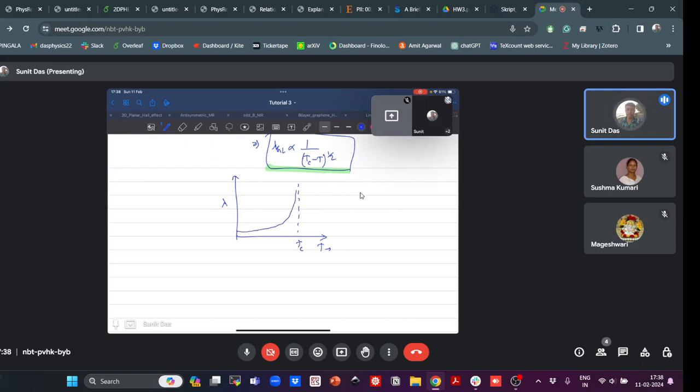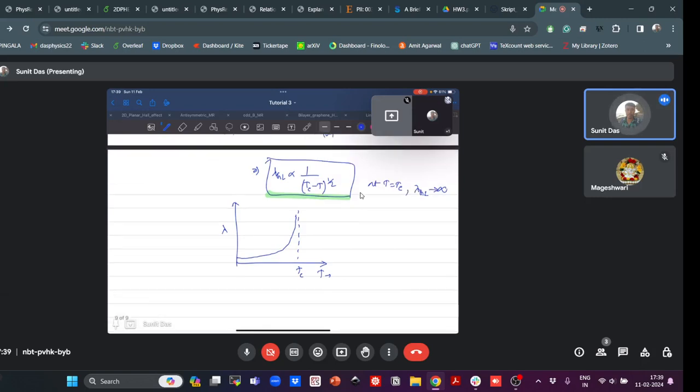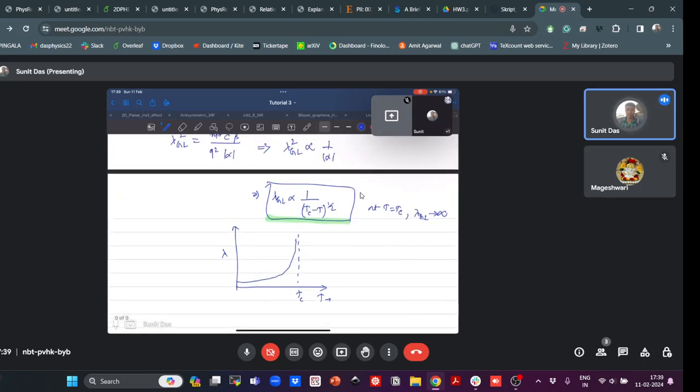Because at t equal to Tc, lambda GL diverges, tends to infinity. And t equal to 0 will have some finite value, right?